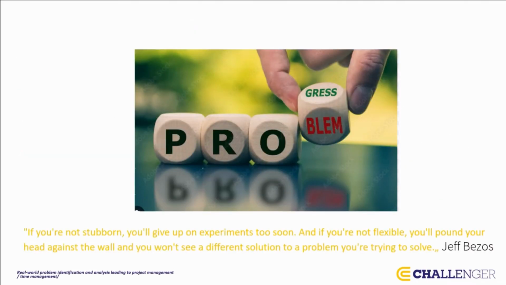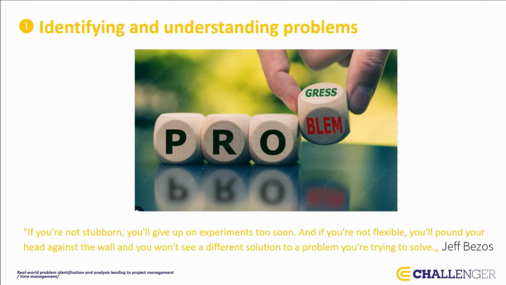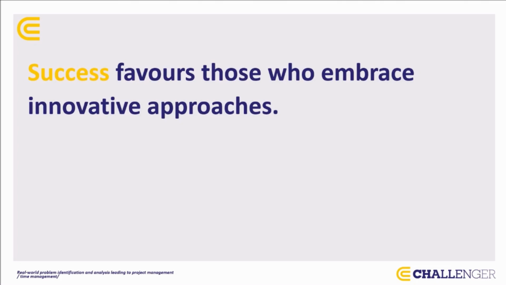As Jeff Bezos points out, if you're not stubborn, you will give up on experiments too soon, and if you're not flexible, you'll pound your head against the wall and you won't see a different solution to a problem you're trying to solve. So we can say that success favors those who embrace innovative approaches, and solving the problem enables progress.